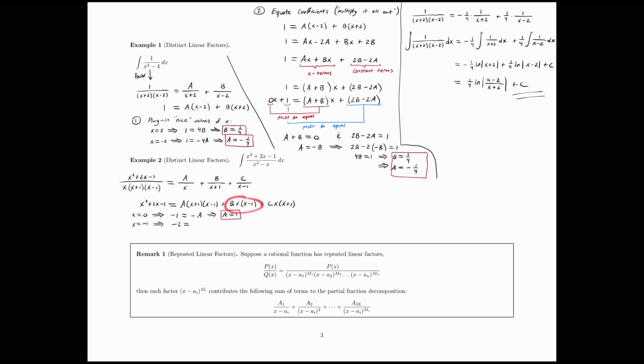So we'll be left over with the B term, which will be negative 1 times negative 2, so positive 2. So 2 times B, which will give us B equals 1. Sorry, negative 1. Excuse me, negative 1.